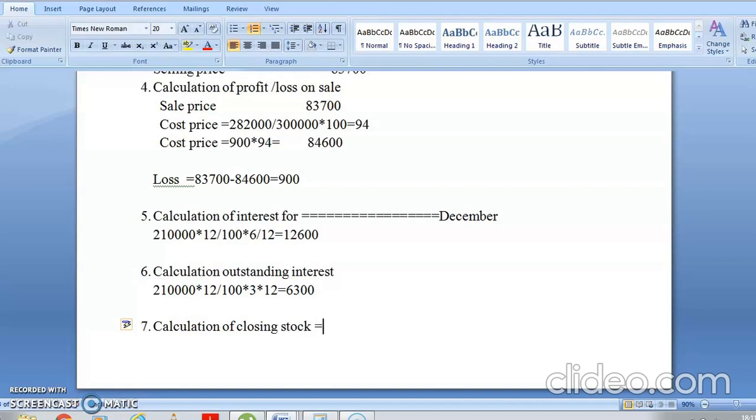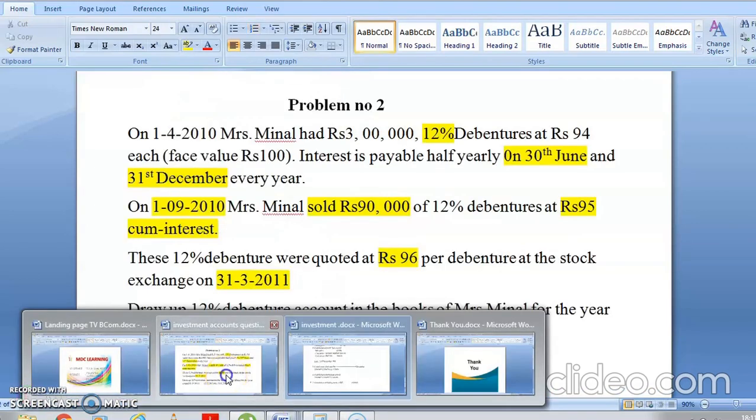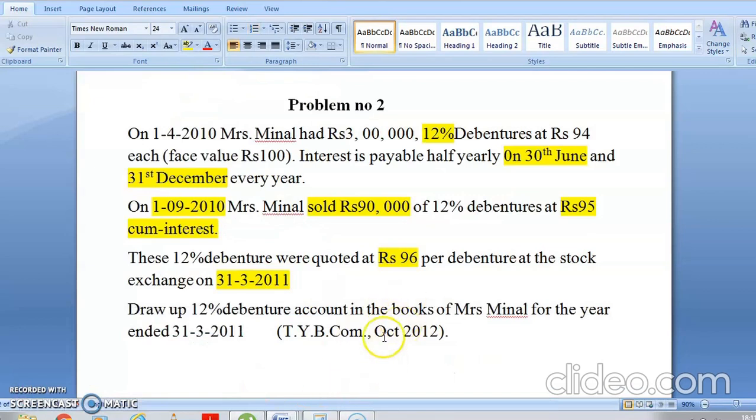Now see, what difference did we get? We got the difference of debit side and credit side. The difference had come to 1,97,400. And now what was the closing figure they have told you? It is quoted in the market for 96,000.